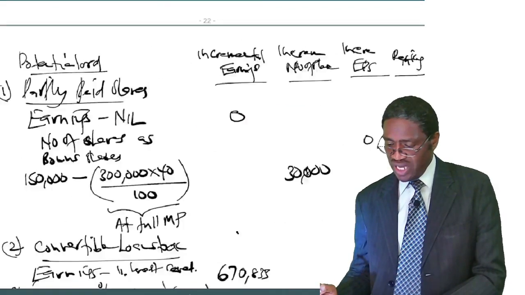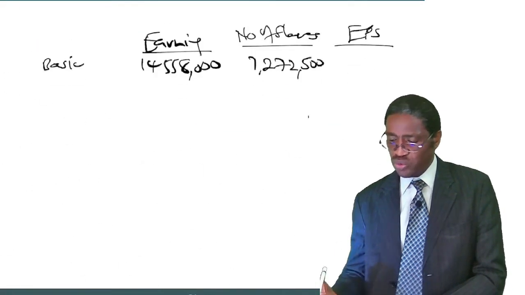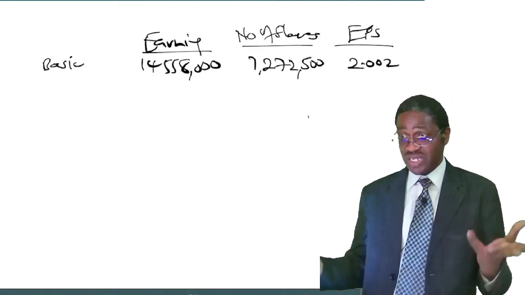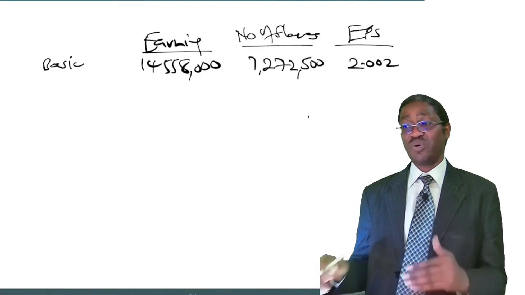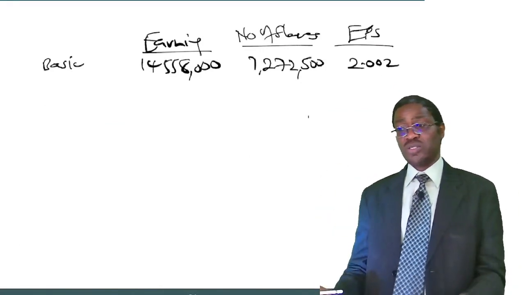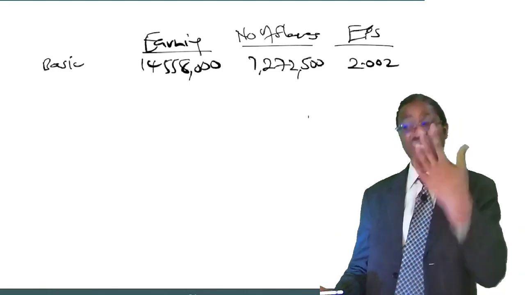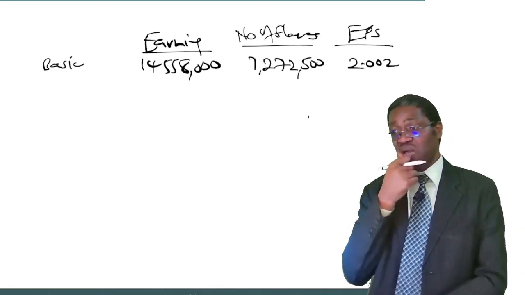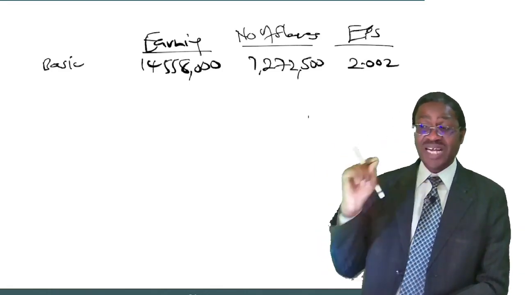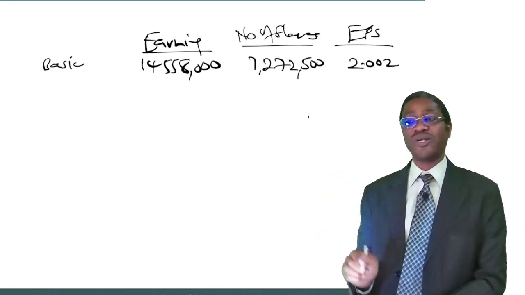Then we got an EPS of 2.02. Now we start diluting it. Why? Because this time there is no discontinued operation. So whatever earnings we use for basic is the same one we start diluting. Otherwise, if there is a discontinued operation, you only use the earnings attributable to the continuing operations.